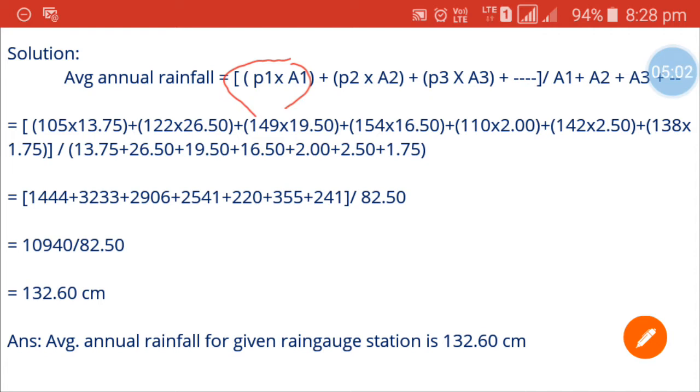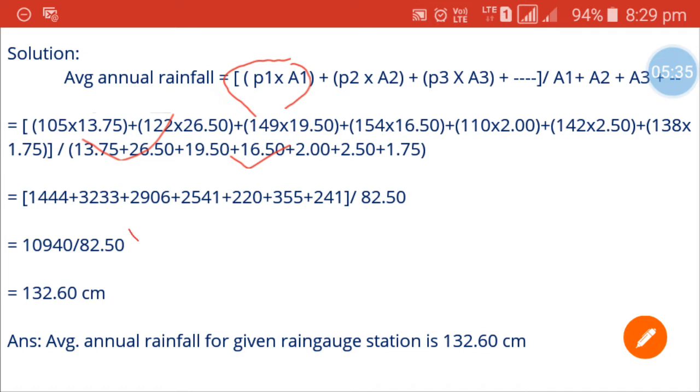For these 7 stations we have the values of precipitation as well as the area correspondingly responsible for that particular rain gauge station. In this step, the multiplication of the precipitation and area is done for all the given data, and that is divided by the summation of the area of the catchment enclosed in that number of polygons.